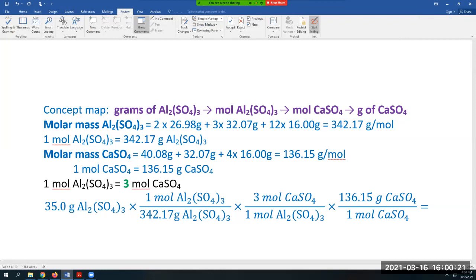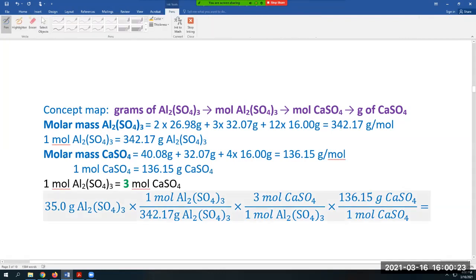Let me show that: I can cancel grams of aluminum sulfate here, and then I can cancel moles of aluminum sulfate. And finally, I'm canceling moles of calcium sulfate here. So it's easier to see how you can cancel units, because you have one unit on top, the other on the bottom.